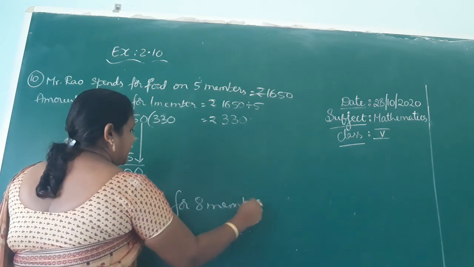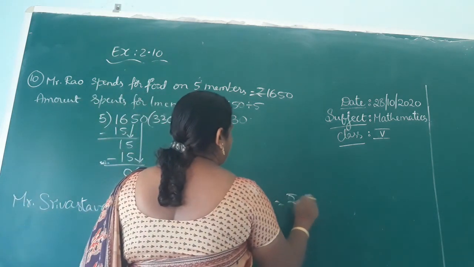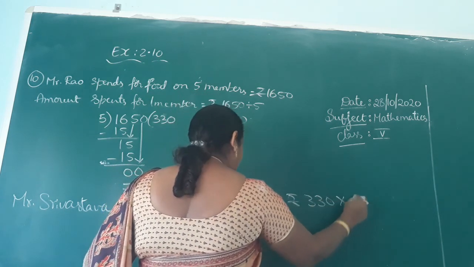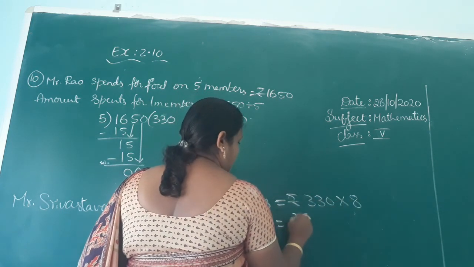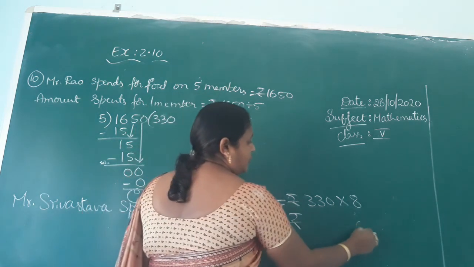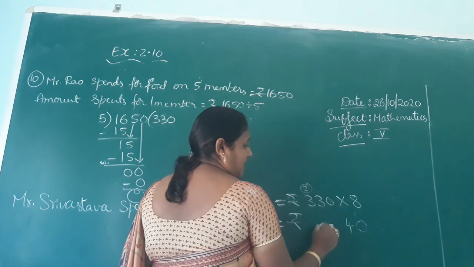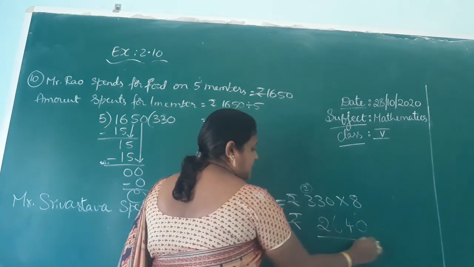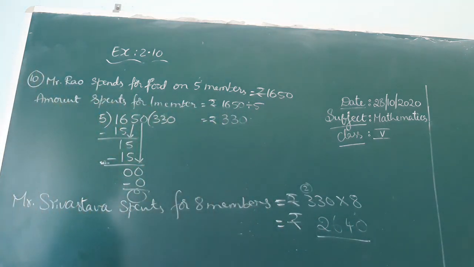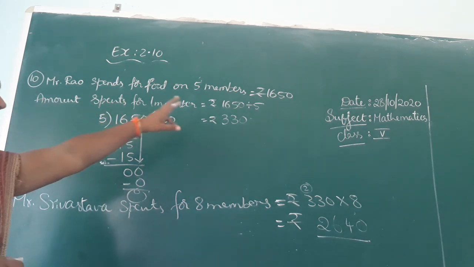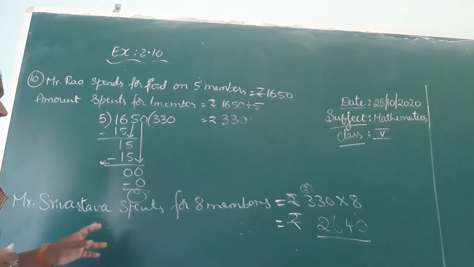That means 330 rupees into 8. 8 zeros 0, 8 3s 24, again 8 3s 24 plus 2, 26. 2640 rupees Srivatsava has to spend for 8 members. Mr. Rao spent 1650, so Srivatsava has to spend 2640 rupees for 8 persons.